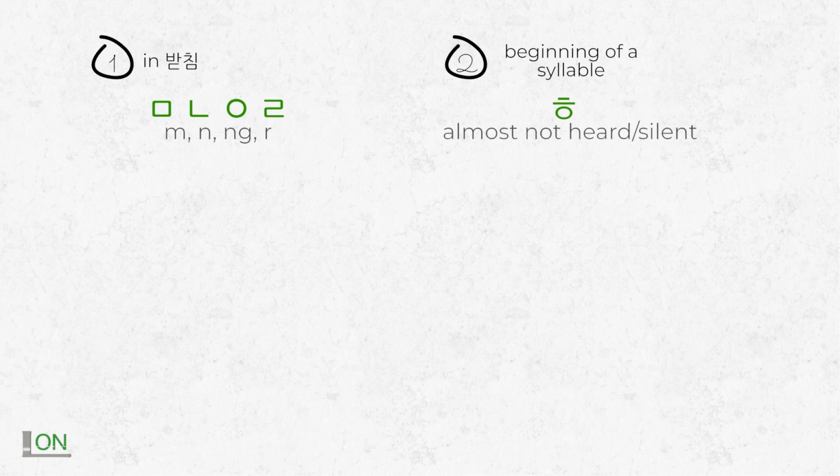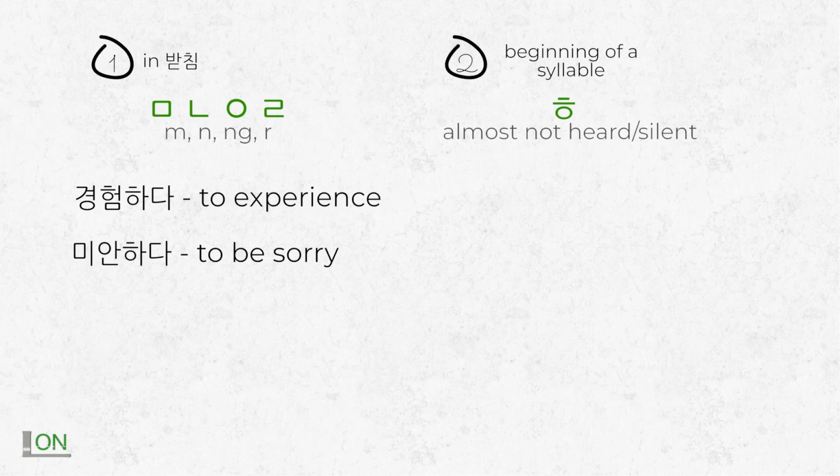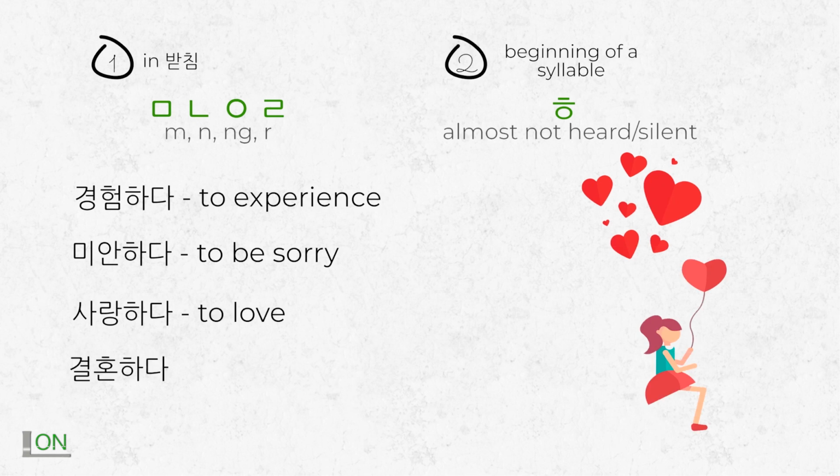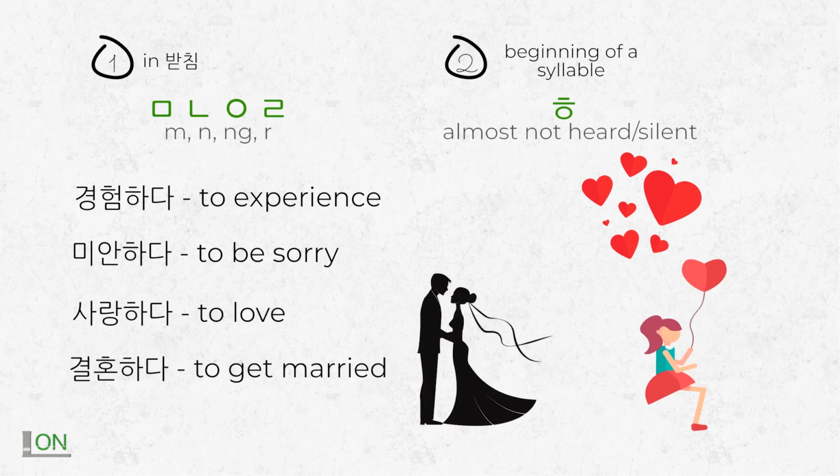For example, 경험하다, to experience. 미안하다, to be sorry. 사랑하다, to love. 결혼하다, to get married. So instead of pronouncing the H, we say just 결온하다. We just eliminate all of these H sounds like they never existed there.